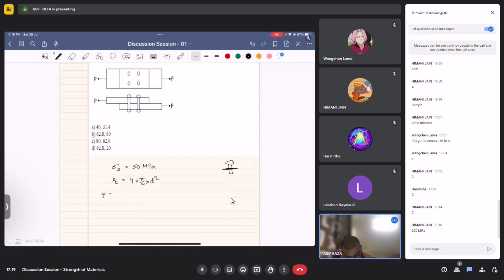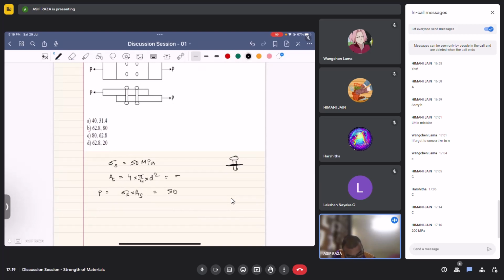So P would be sigma s into As, and that would be 50 megapascal, so Newton per mm square.